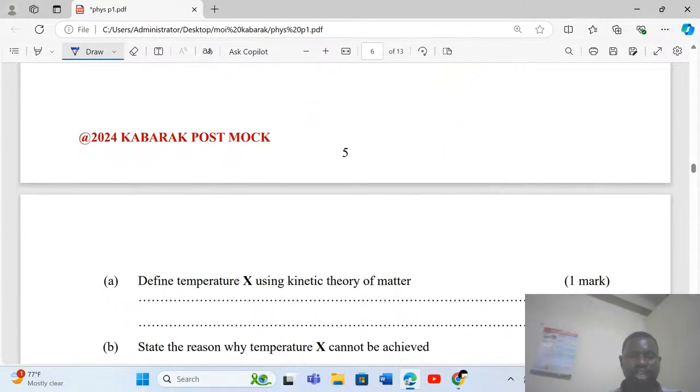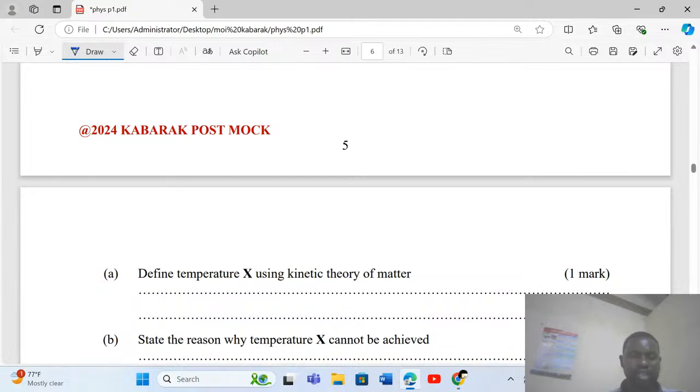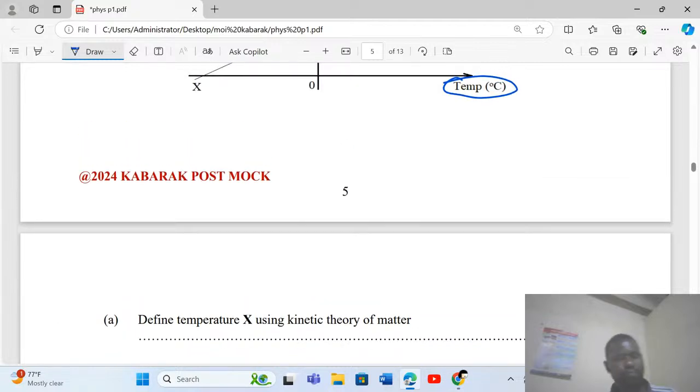Explain the pressure at X using the kinetic theory of matter. Temperature at X is the absolute zero temperature.